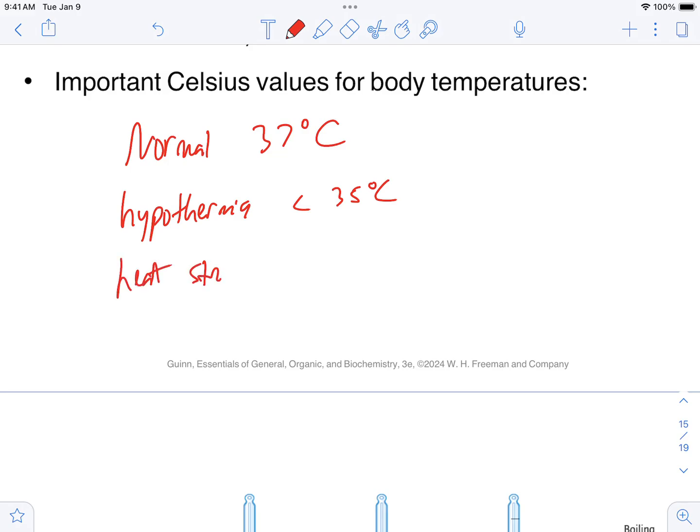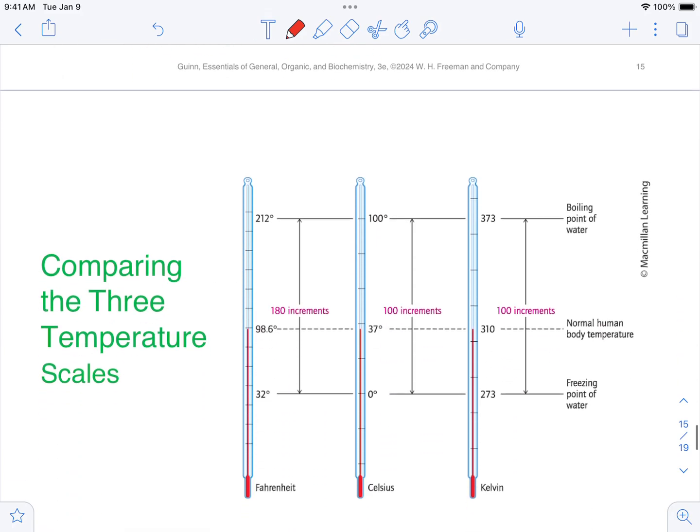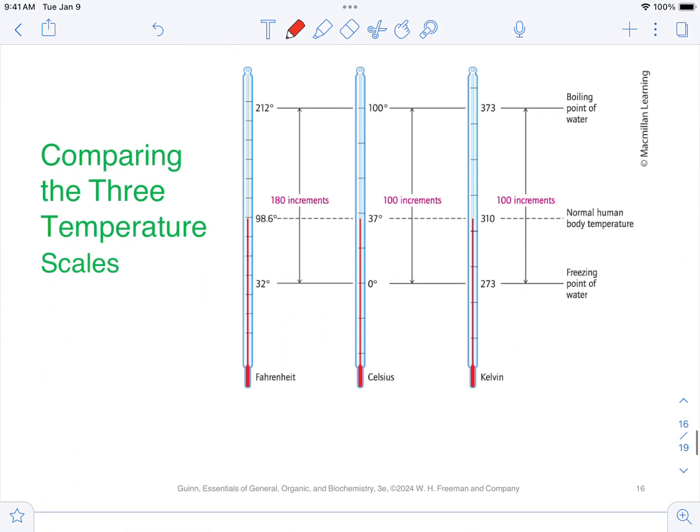If it goes too high, you could have heat stroke, and that's if it goes above 40 degrees Celsius. So there's not too much variation that you can have here. You can see at the bottom Fahrenheit, Celsius, Kelvin, and then what normal body temperatures are across the board. In Fahrenheit terms, about 98.6.